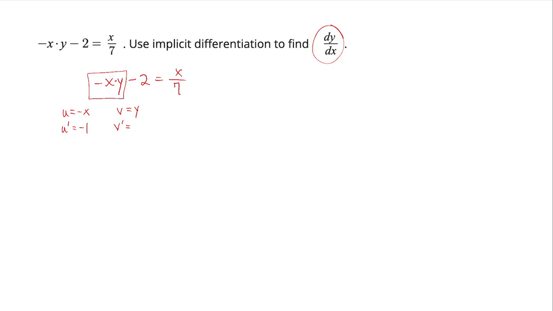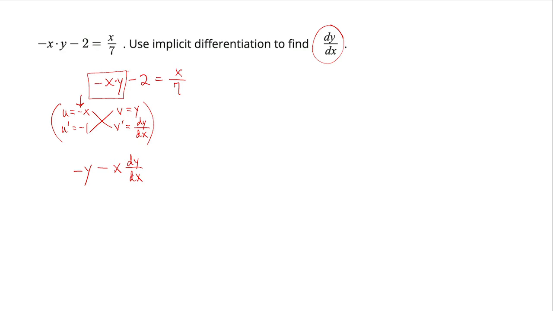So v prime, again, we're taking the derivative with respect to x, so the derivative would be dy/dx. Okay, so cross it, and we end up with -y, so that's the u prime times v, -1 times y, minus, because I have a negative right here, x times dy/dx.